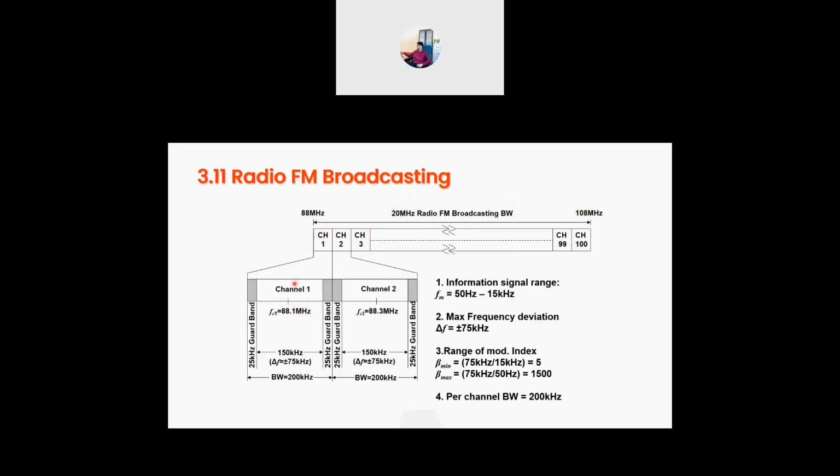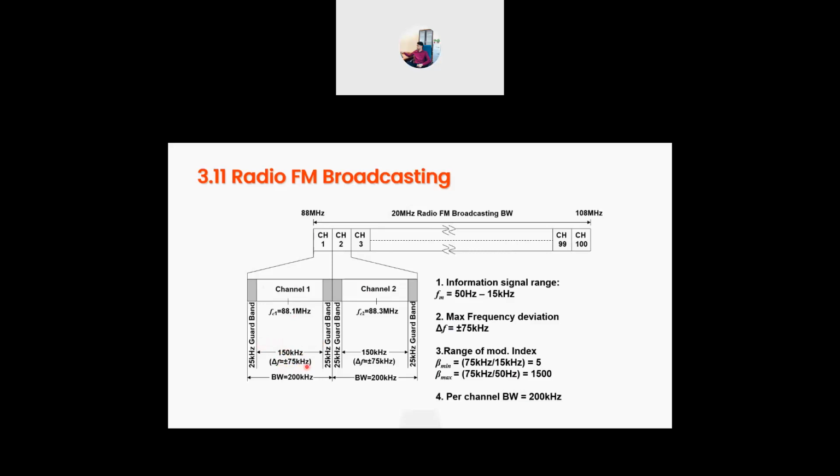So for channel 1, your FC1 is 88.1 megahertz, the carrier frequency. Then you have 150 kilohertz, the frequency range of your channel 1. Delta F is plus minus 75 kilohertz.